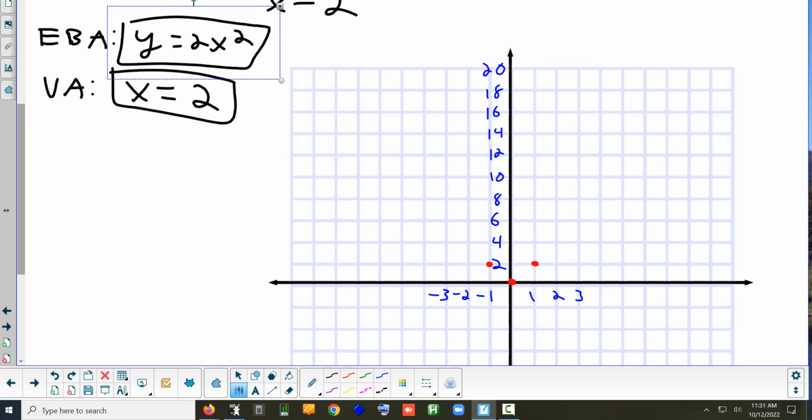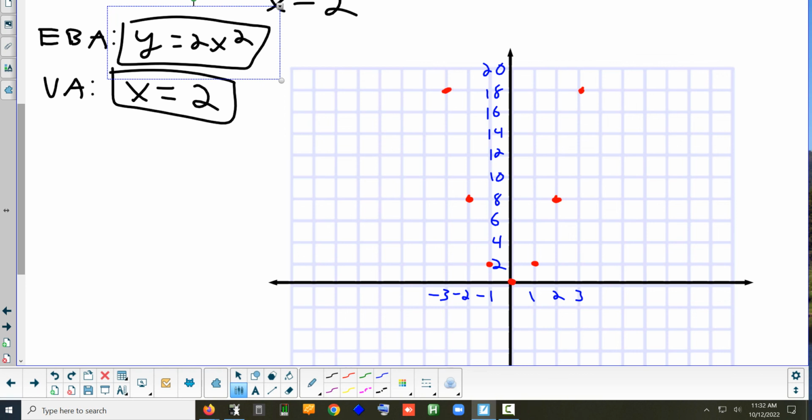Remember, my y-axis is going by 2s and my x-axis by 1s, because I needed my y-max higher to see this graph. What if you plug in 2 for x? 8. So 2, 8, and also negative 2, 8. Can we fit 3? Yeah. Plug in 3 for x: 18. So 3, 18, and negative 3, 18.